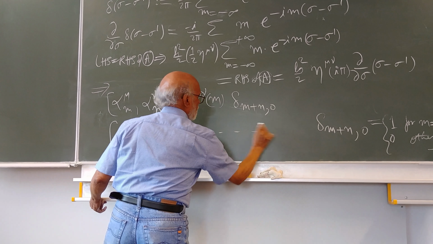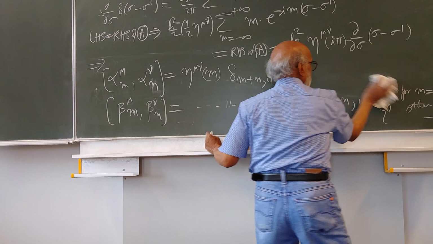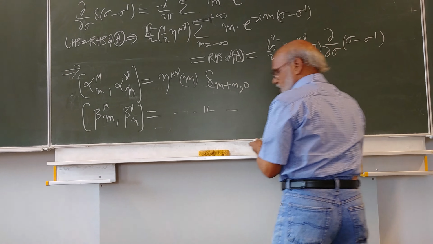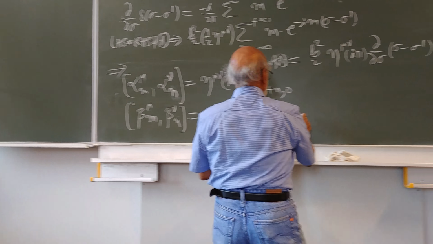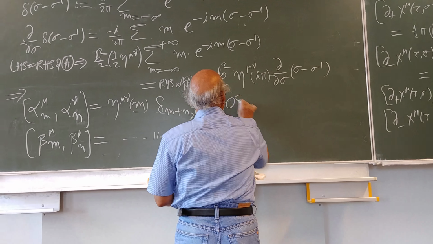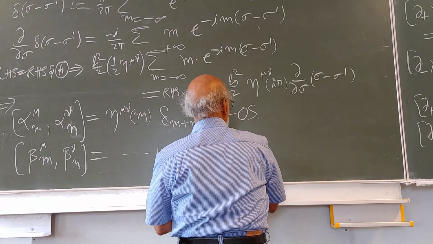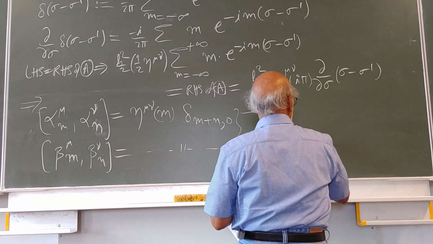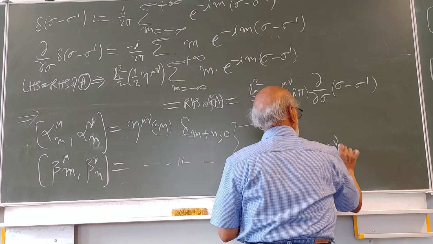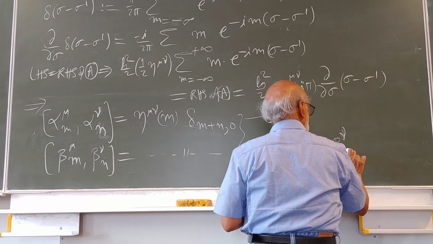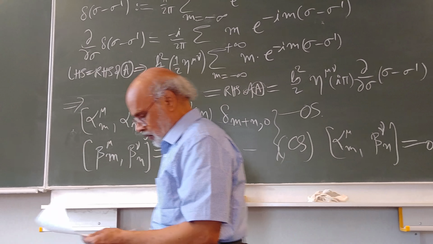This would also be the same, and of course you will have additional results. So this is for open string; for closed string this and this, both plus alpha mu m and beta mu n, they would have 0.